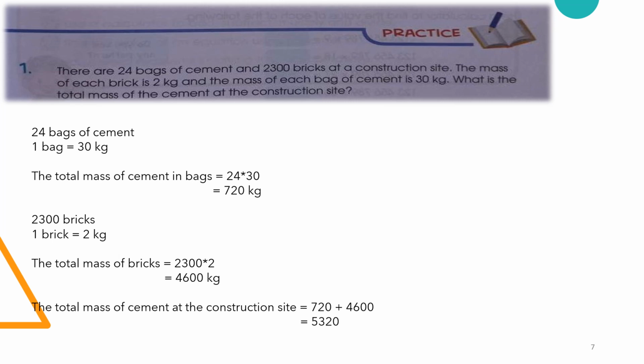So if we multiply 2300 by 2, we get the total mass of the bricks, which is 4600 kg. Now we are going to add the mass of cement bags and the mass of bricks to get the total mass at the construction site, which is 53520 kgs.